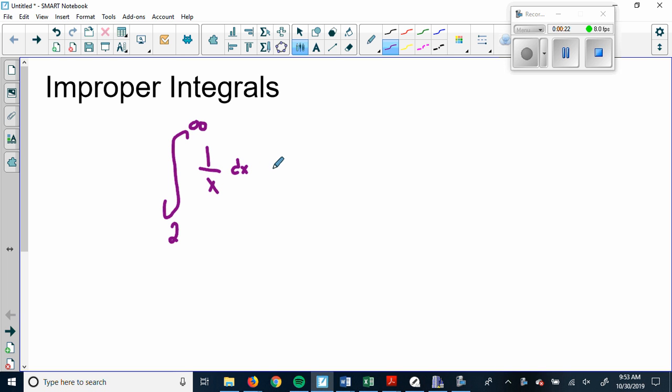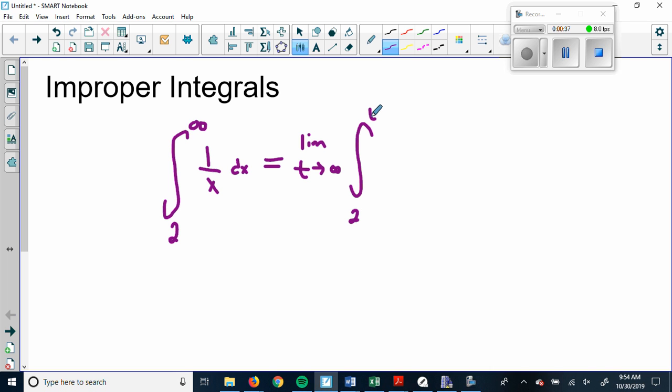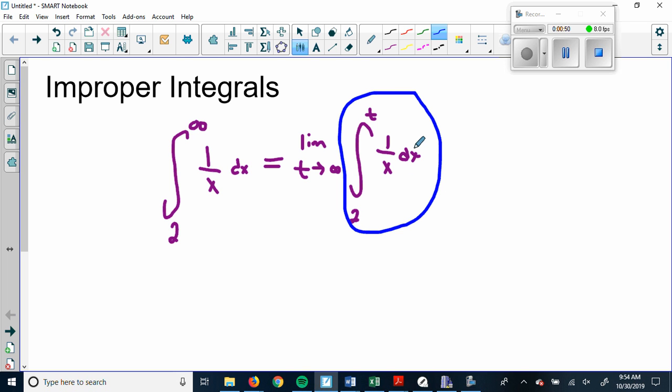Because we can't evaluate infinity, we're going to let t go to infinity, and we're going to calculate this integral from 2 to t of 1 over x dx. Then we're going to evaluate this, and take the limit as t approaches infinity.